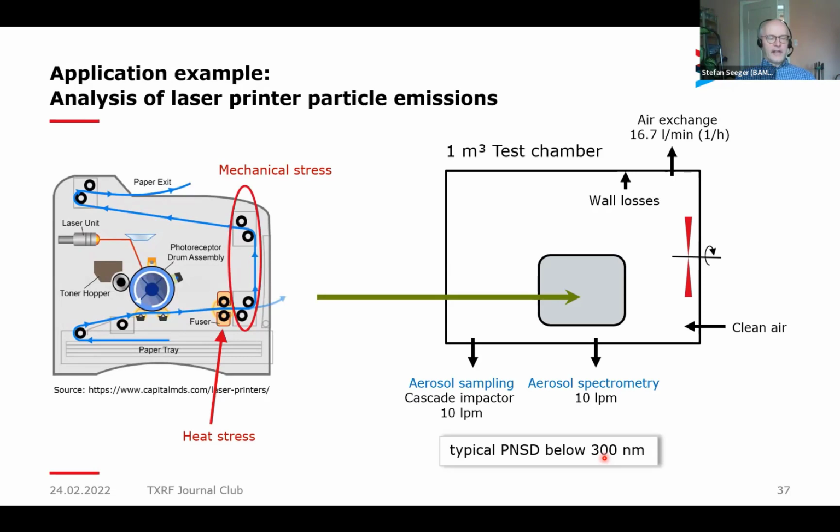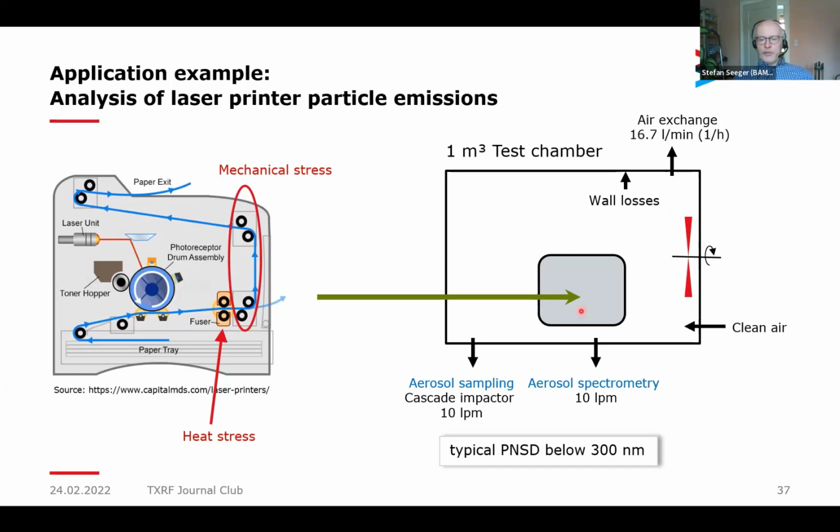Here on the left-hand side is a laser printer, and as I mentioned, there are several spots where mechanical stress and heat stress will occur. We put that printer into a 1 cubic meter test chamber, which has a constant air exchange of 16.7 liters per minute, or 1 air exchange of the full volume per hour.